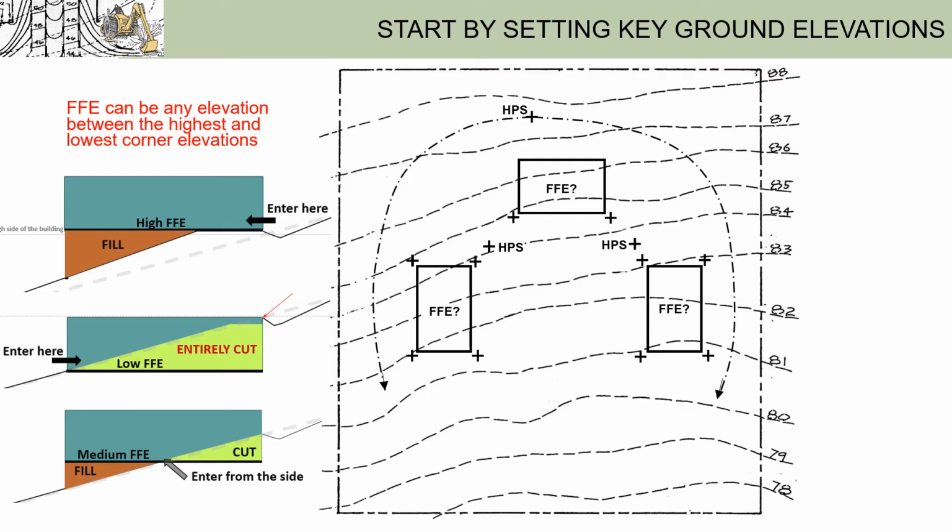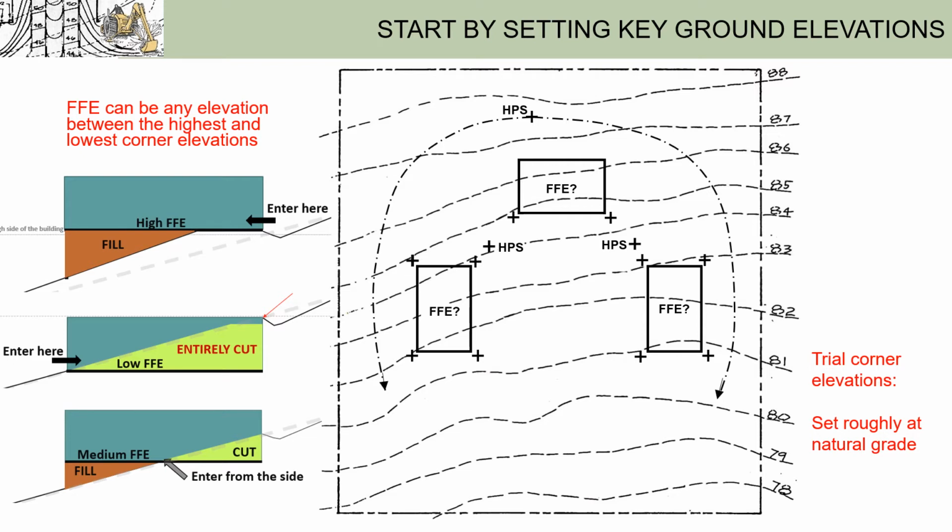Okay? So the corners are where we start for this exercise because they determine the shaping of the ground, including the swells. So now let's set some trial elevations for the corners. How do we do that? We'll set them at roughly the natural grade of that location. And why is that?